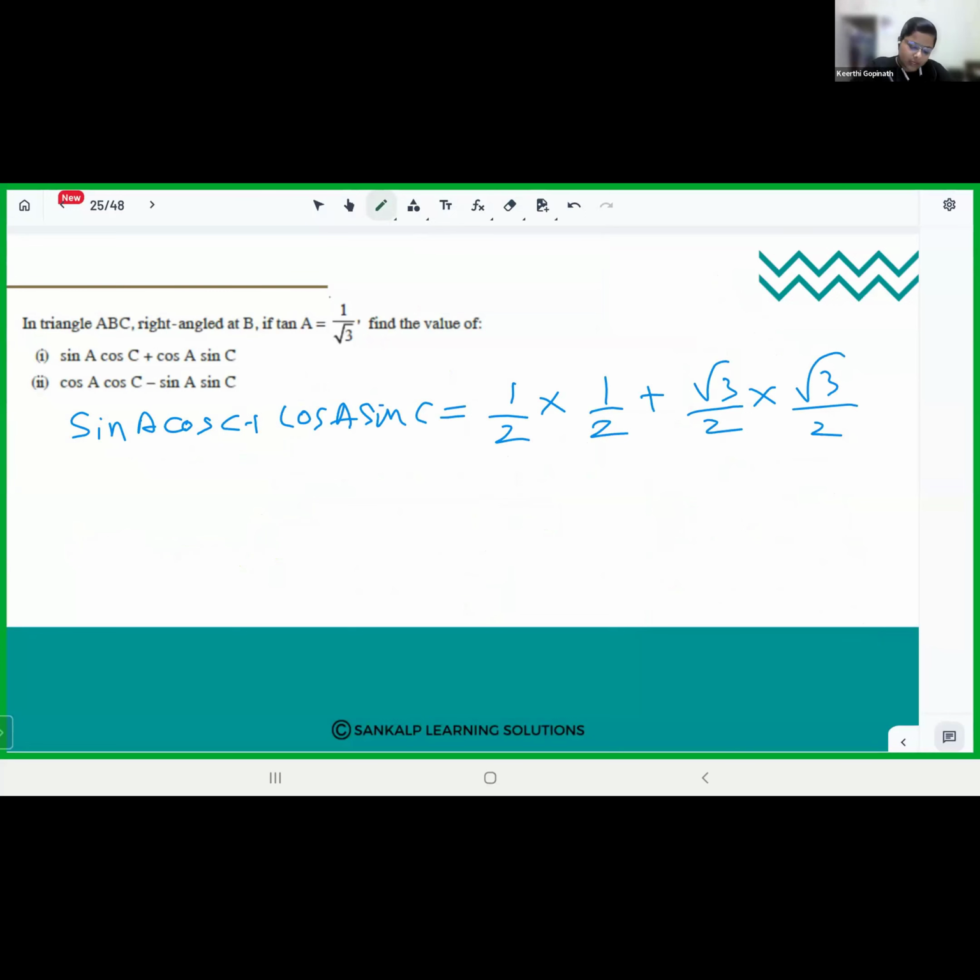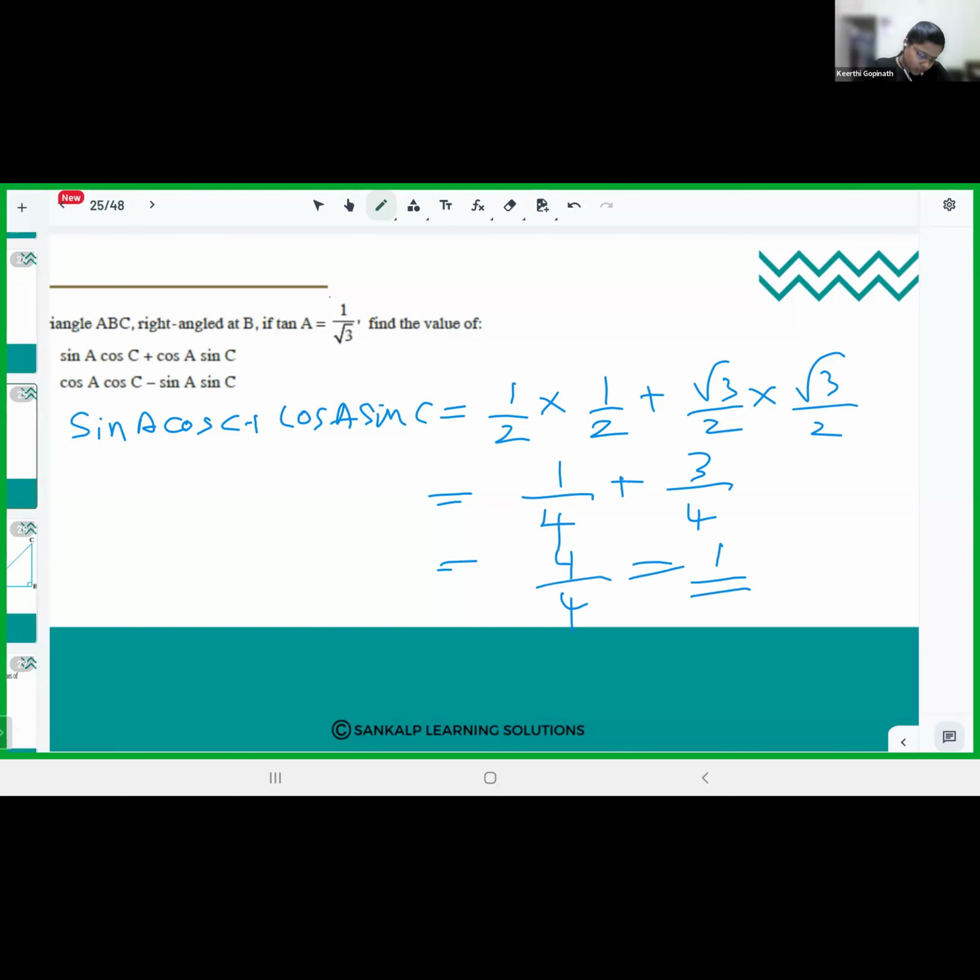So what is the value? 1 by 2 into 1 by 2 is 1 by 4, plus root 3 into root 3 is 3, 3 by 4. So that is equal to 4 by 4, which is nothing but 1. Now the second part, you can solve it as homework. We have already found all the values. You just need to substitute them in the second part. Okay, so we are moving on to the next question.